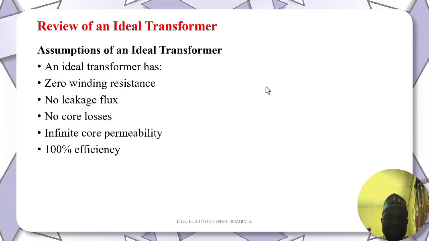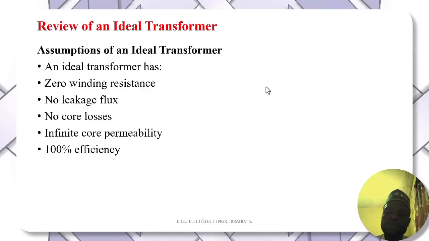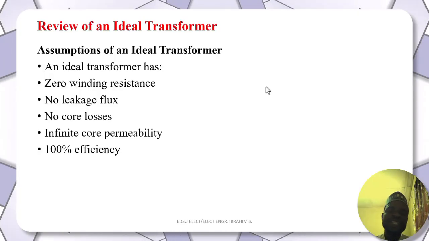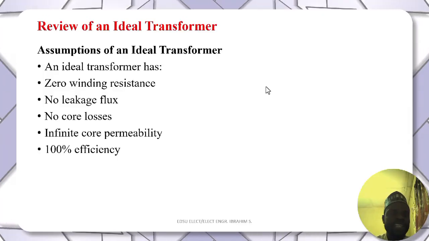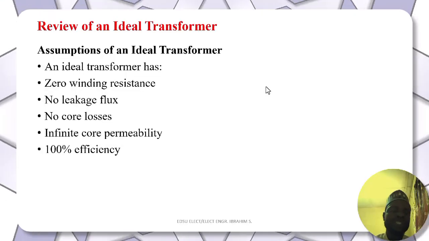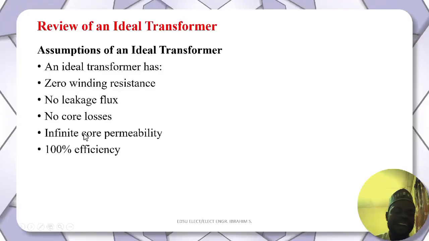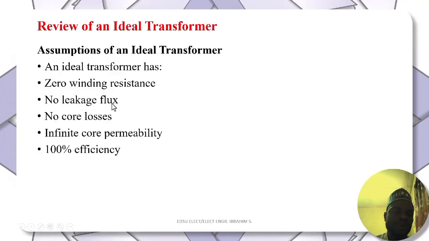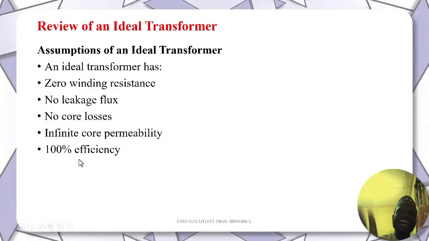Even when we know some fluxes must leak, it's not the total flux generated that is linked with the secondary winding. And also no core losses. These are some of the factors we consider to be ideal: no core losses, infinite core permeability, and 100% efficiency. With those six items we have listed: zero winding resistance, no leakage flux, no core losses, infinite core permeability, and 100% efficiency.